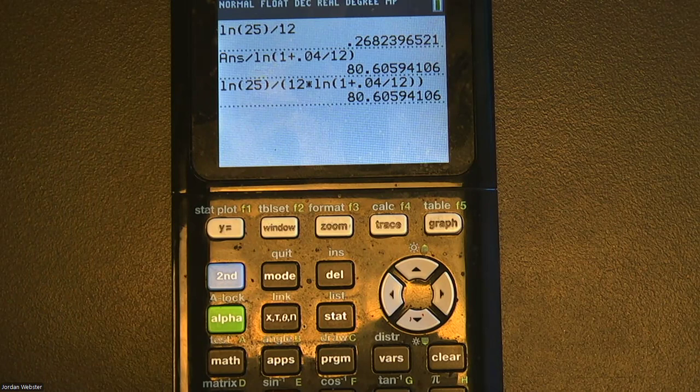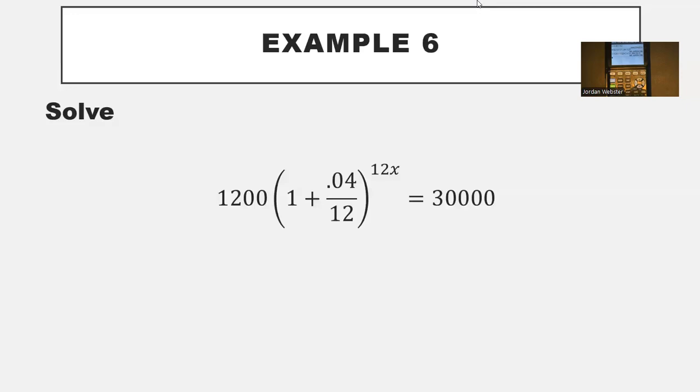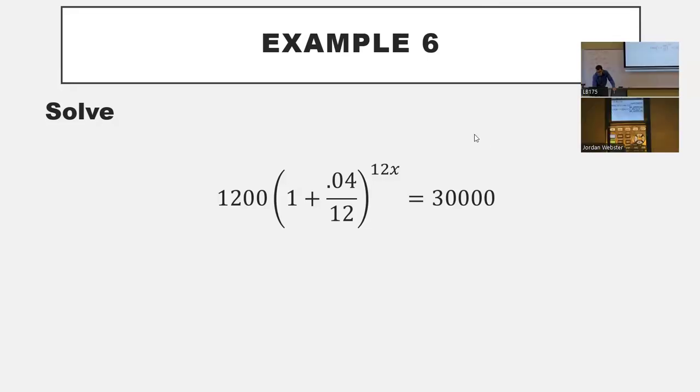That's it. Now, this is about as difficult as the exponential equation stuff gets. That's a tough one.